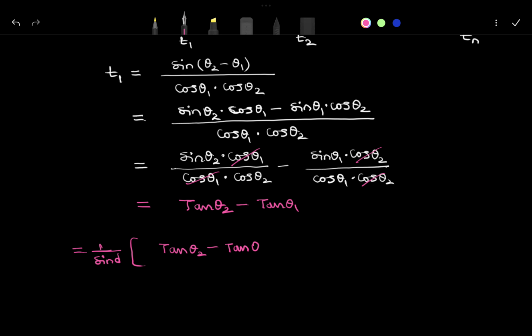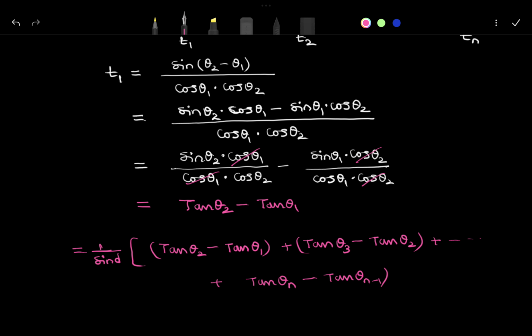And the second term will be plus tan theta 3 minus tan theta 2, plus and so on, plus the last term will be tan theta n minus tan of theta n minus 1.